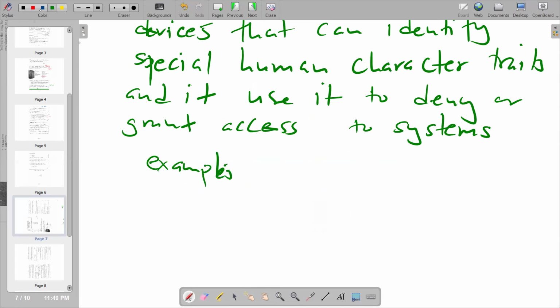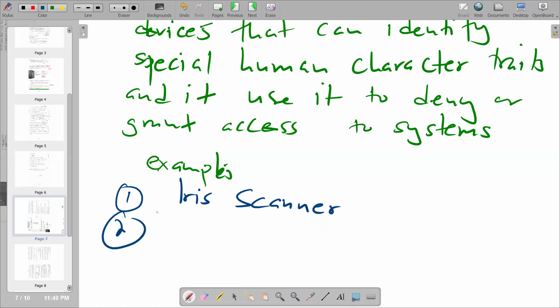Examples that we have one. We've got the iris scanner. And then second example, we've got the fingerprint scanner. So basically, that's what we have in terms of the last part of our question according to this video.